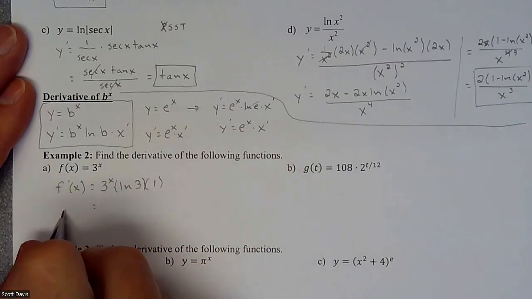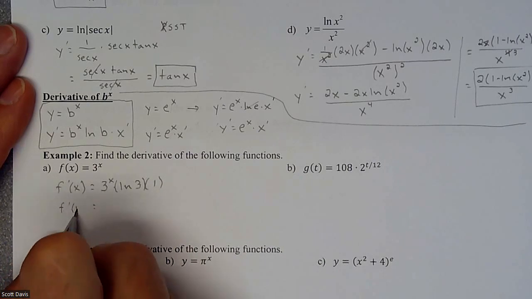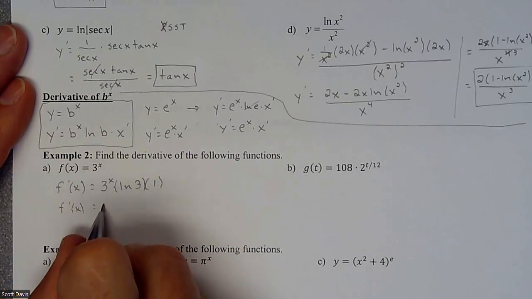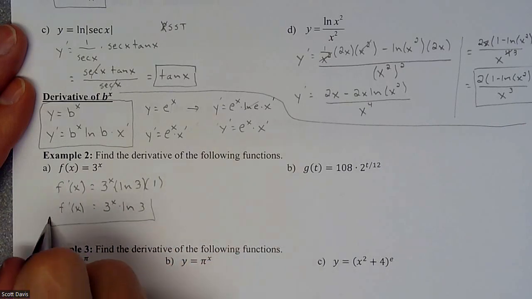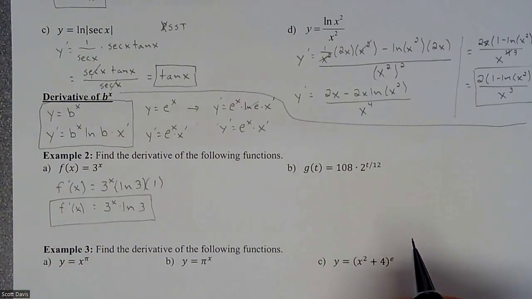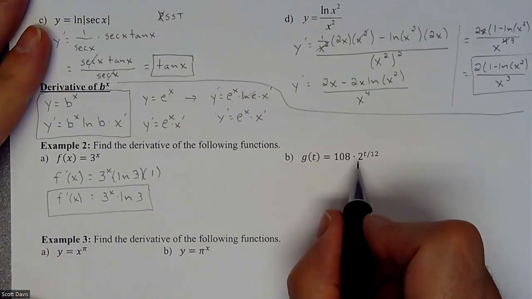Not much we can simplify, so we're left with 3 to the x times the natural log of 3.